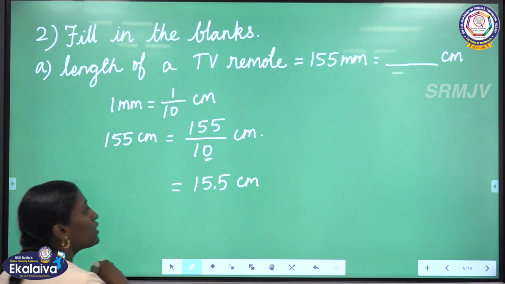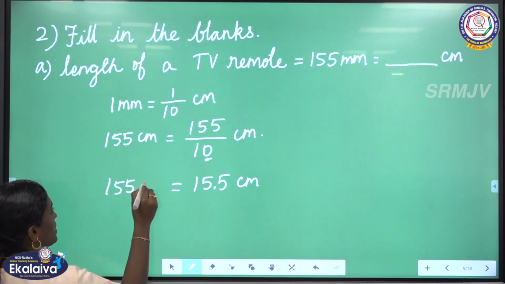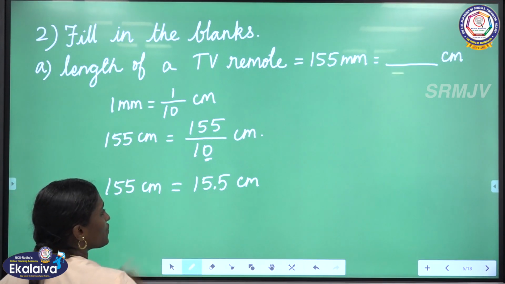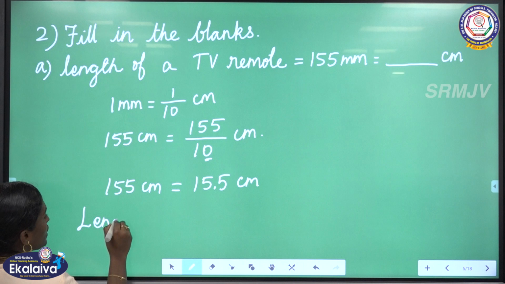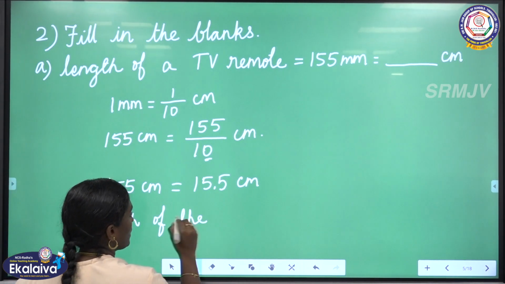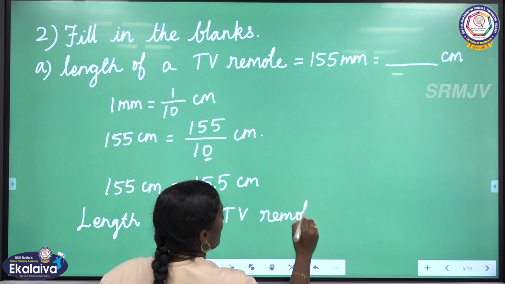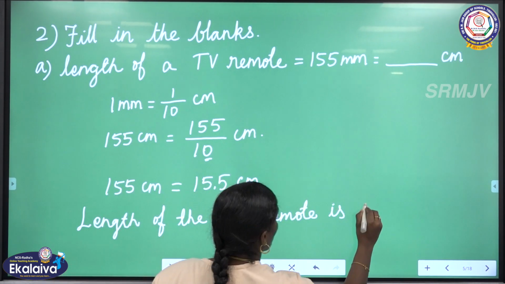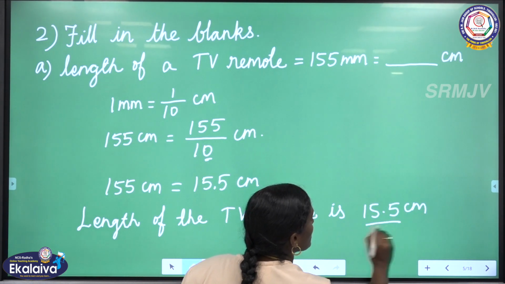Then it will become 15.5 centimeter. So 155 millimeter is equal to 15.5 centimeter. So the length of the TV remote is 15.5 centimeter. Is it clear, children?